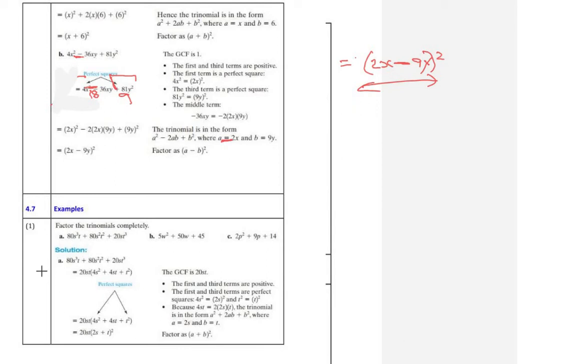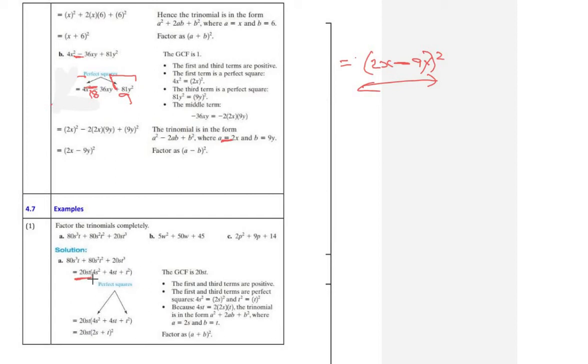So if we can just look at this 4.7 number 1a here, just remember that once you've done all these factors, you can have combinations. So remember that we start with a common factor first. So here we take a common factor out first, and then we have a trinomial.